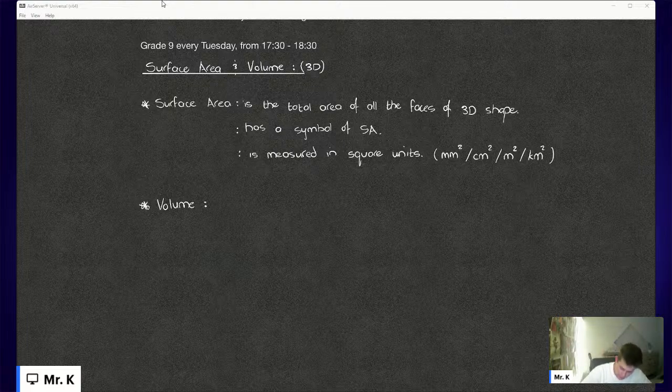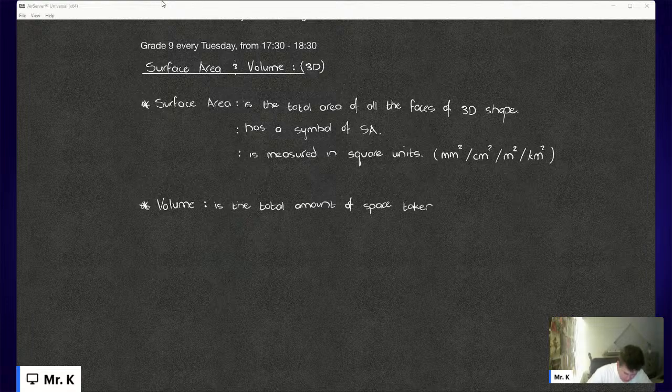Right, volume. Volume is the total amount of space taken up by a 3D object.